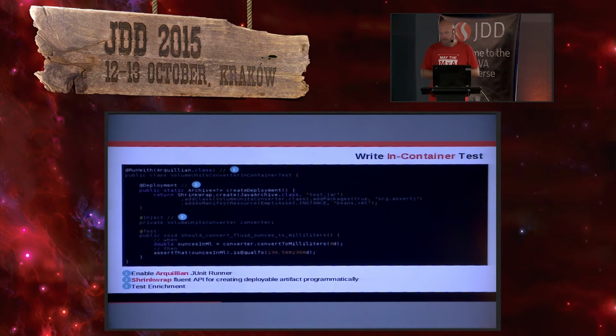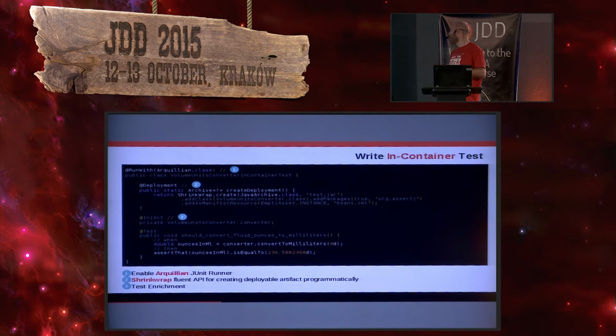So this is an example of an in-container test using the JUnit integration. The first step is to tell, using the JUnit RunWith annotation, to hand over the control to Arquillian. And at this point, Arquillian can do whatever it wants. One of the first things it does is to read the Deployment annotated method.